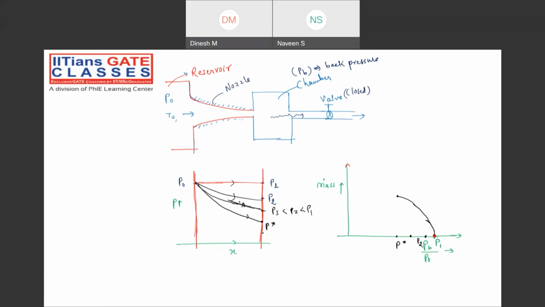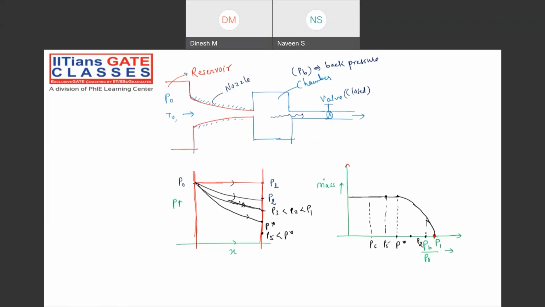Even though you reduce further, P5 will be less than P star, but there will not be any change in the mass flow rate. That is the maximum mass flow rate you will get at the P star value. Further, if you go to P5 or P6, the value will not change.